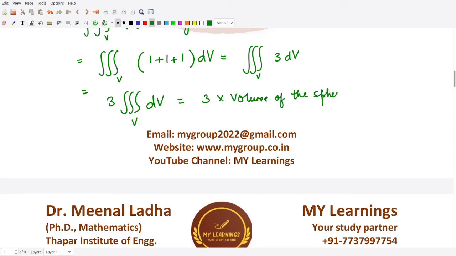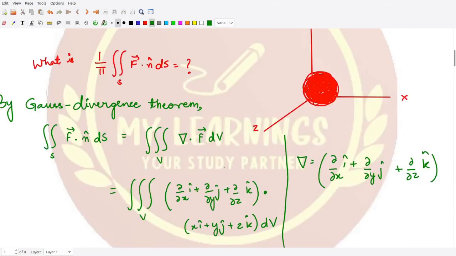And what is the volume of a sphere? If you remember the formula, it is 4 by 3 pi r cube, right? What is r in our case? The radius is known to be 2, so 2 cube. When you simplify and solve this, it comes out to be equal to 32 pi, right? So this is the expression that we have got.